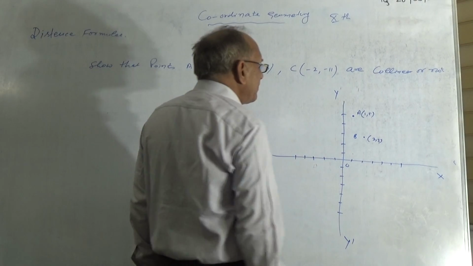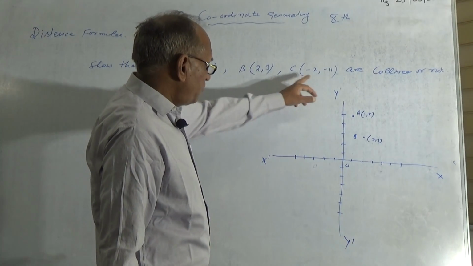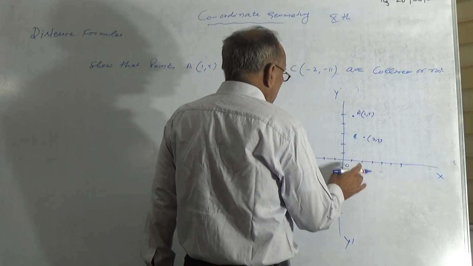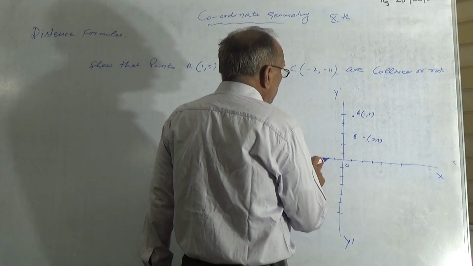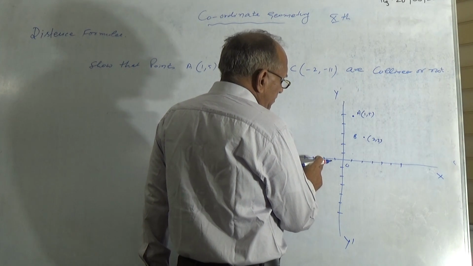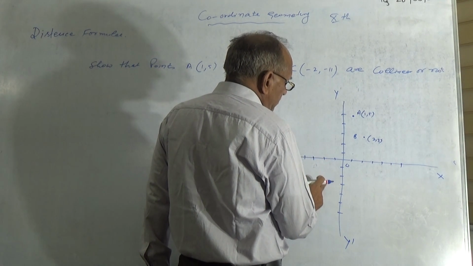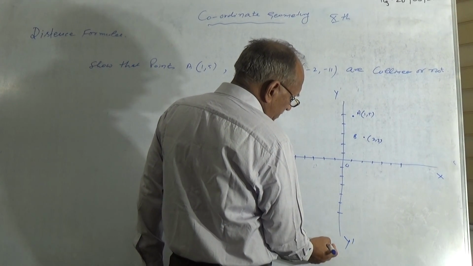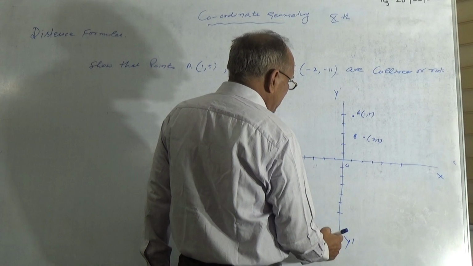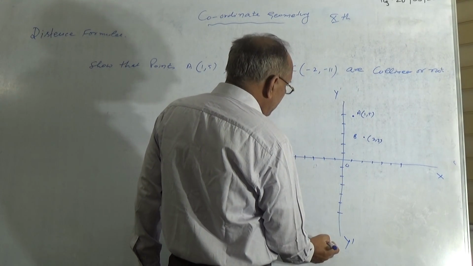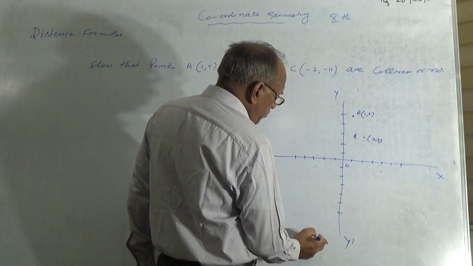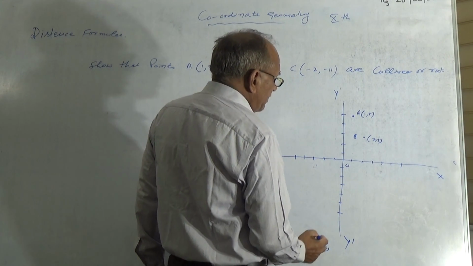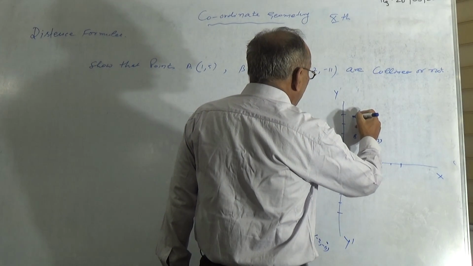This is point B. And C is (-2, -11): x is -2 and y is -11, counting down 1 to 11, so we get point C (-2, -11).